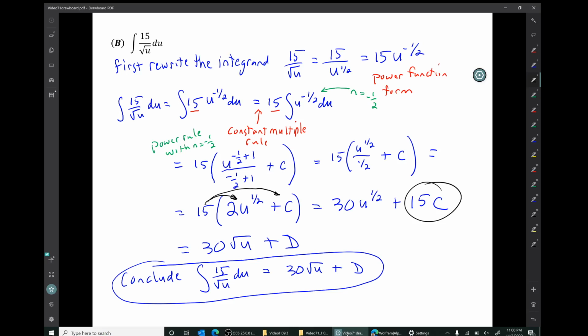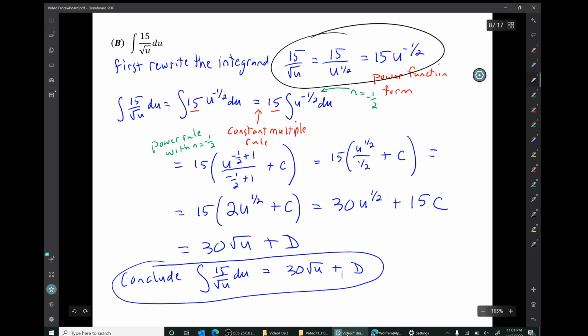So I can just replace that with a new symbol that can represent any real number. Now really the hardest thing about this example was the rewriting. A lot of students are rusty with this kind of thing. The fact that square root of u is u to the 1/2, and the fact that dividing by u to the 1/2 is the same as multiplying by u to the -1/2.